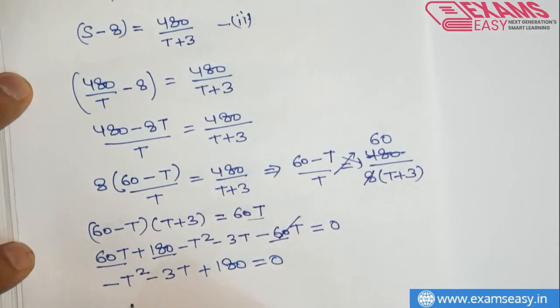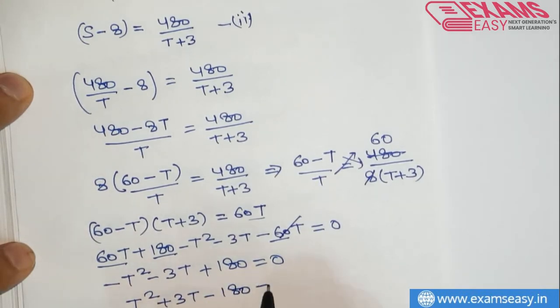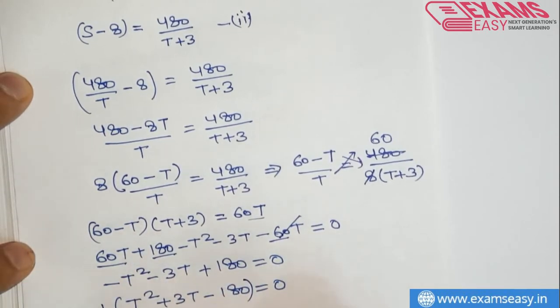When we take minus common, then it will become t square plus 3t minus 180 is equal to 0. As minus 1 goes there, it will become 0, so we can remove it. So now we have to factorize the middle term in such a way that we get the product of those terms as minus 180t square and the sum as 3t.